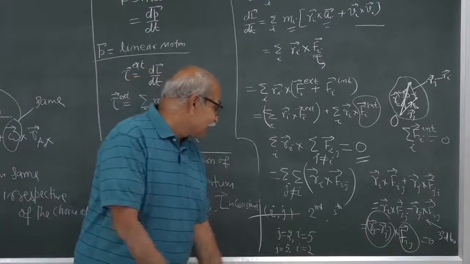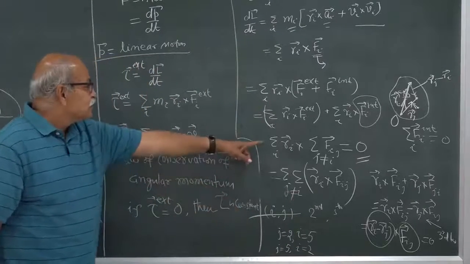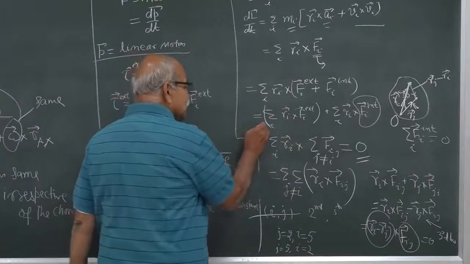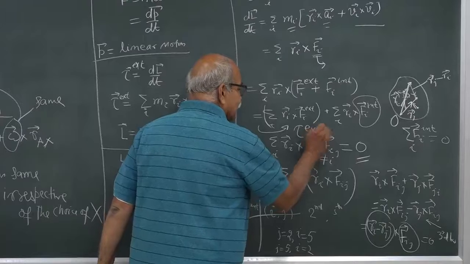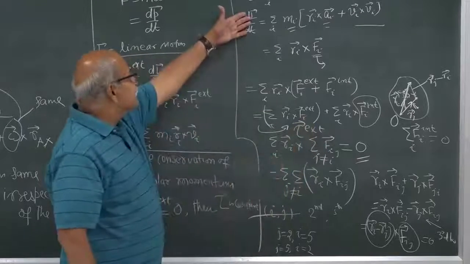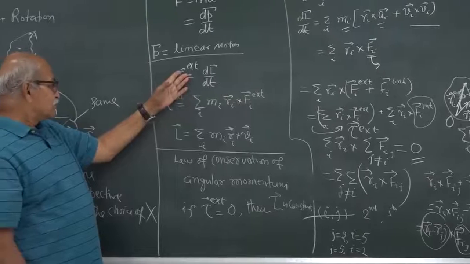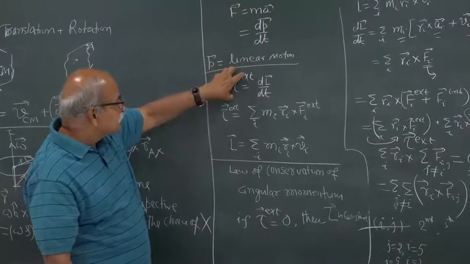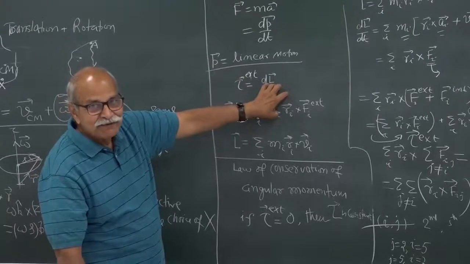This form of Newton's third law is needed for this being 0. If this is 0, then it is fine. This whole thing is now the external torque, and then you get dL/dt is equal to torque external. If the total torque by the external forces applied on the rigid body is 0, then the angular momentum is conserved.